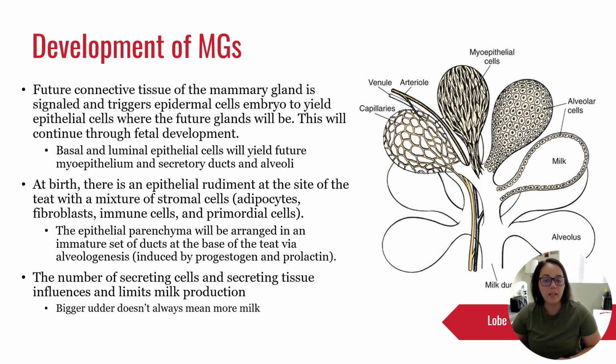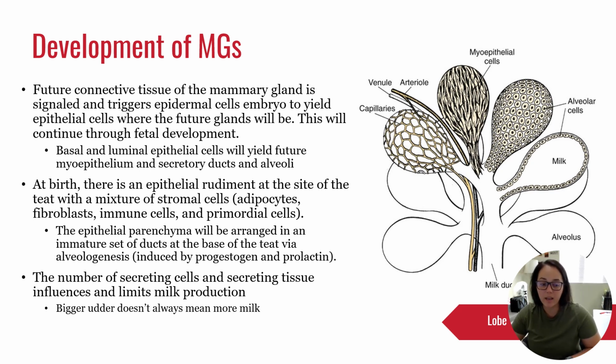And so it's important to know that a cow's milk production can very easily be influenced by the number of secreting cells and secreting tissue that she has. So if we think about it from the perspective of dairy cows, specifically Holsteins, that have really big udders, a lot of the times we think, wow, she produces a lot of milk, but that's not necessarily the case.